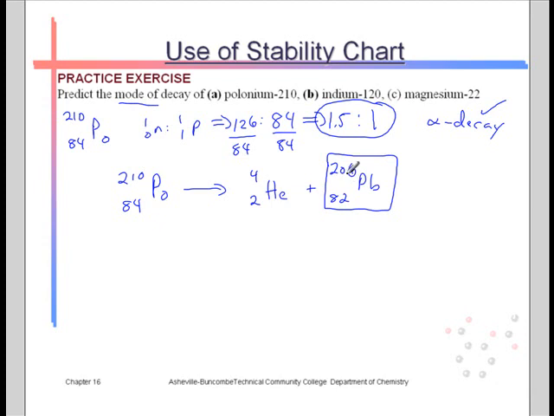It's just a matter of keeping your wits about you about what information is being conveyed by these symbols. And as it turns out, this is a stable isotope for lead. I don't think it's radioactive at all, actually. I could be mistaken, but I'm pretty sure it's not radioactive. So when polonium decays, kicks off the alpha particle, then it forms a stable isotope and it stops decaying at that point.